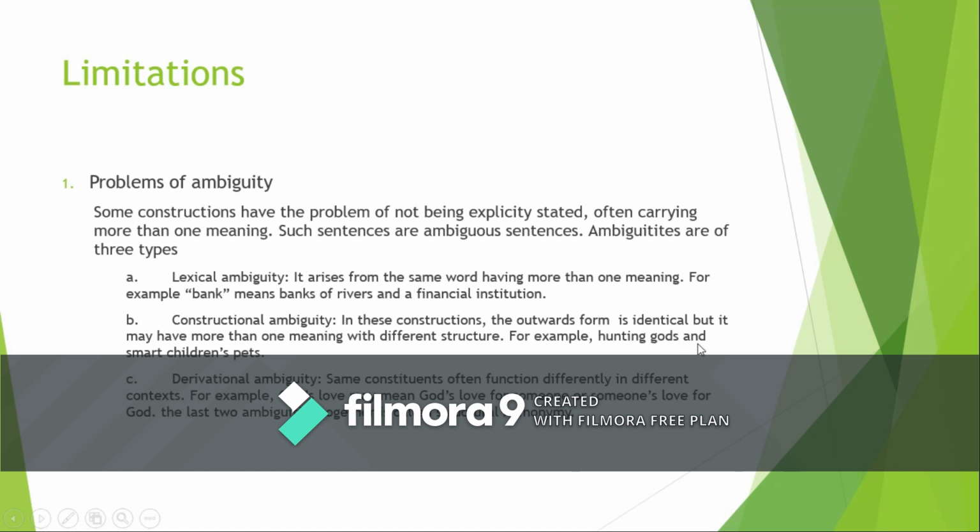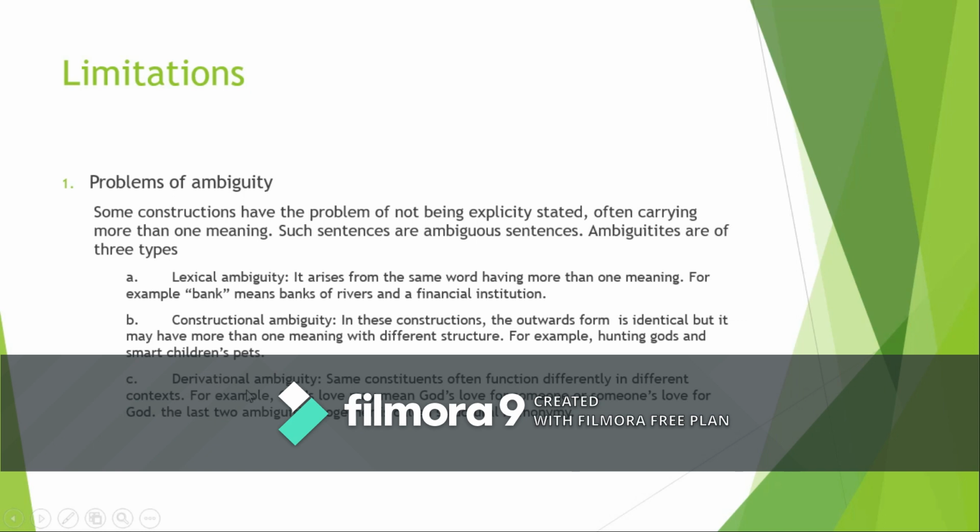It is hunting dogs. Hunting dogs can be dogs that are used for hunting, or the act of hunting dogs. Here the problem of ambiguity arises in the construction. So that is called constructional ambiguity.